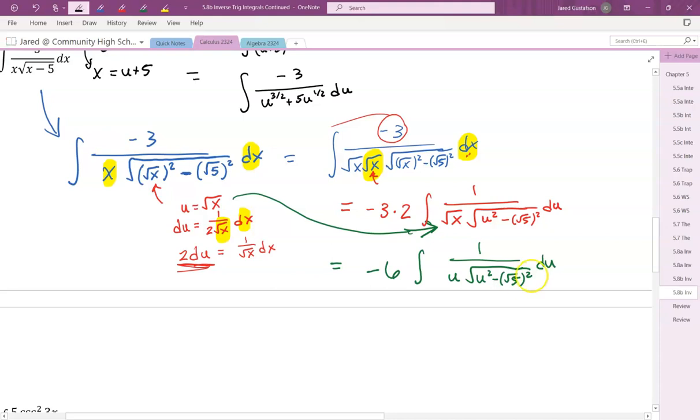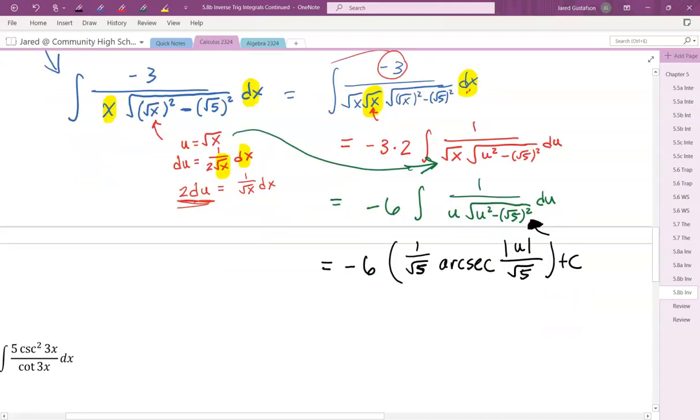Let's pick back up. We left off saying this is now in a format where we can apply some knowledge about our inverse trig. We have -6 out front. This looks like our arcsecant setup. So remember, it's 1 over a, our a being the square root of 5, times arcsecant of the absolute value of u over a, square root of 5, plus c.